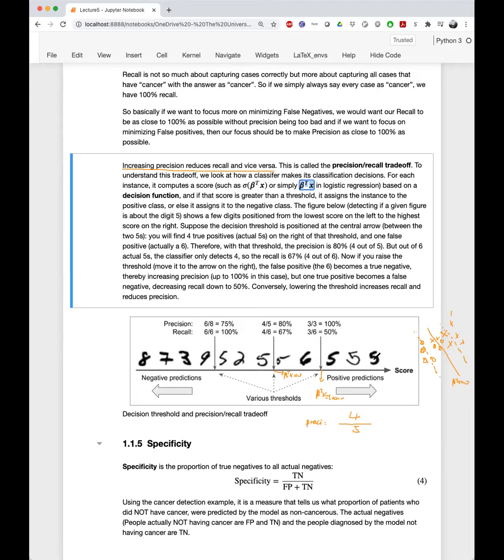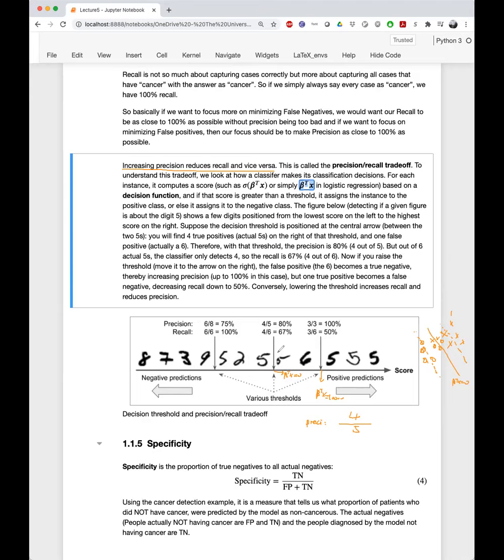There are 6 positive cases, but we only catch 4 of them, right? So it's 4 over 6. And if we increase the threshold, then the precision increases, but the recall actually decreased, because we only caught 3 of the 6 cases. So that's 50%. That's a drop from 67%. We put the threshold here, we caught all of them. So the recall is 100%.